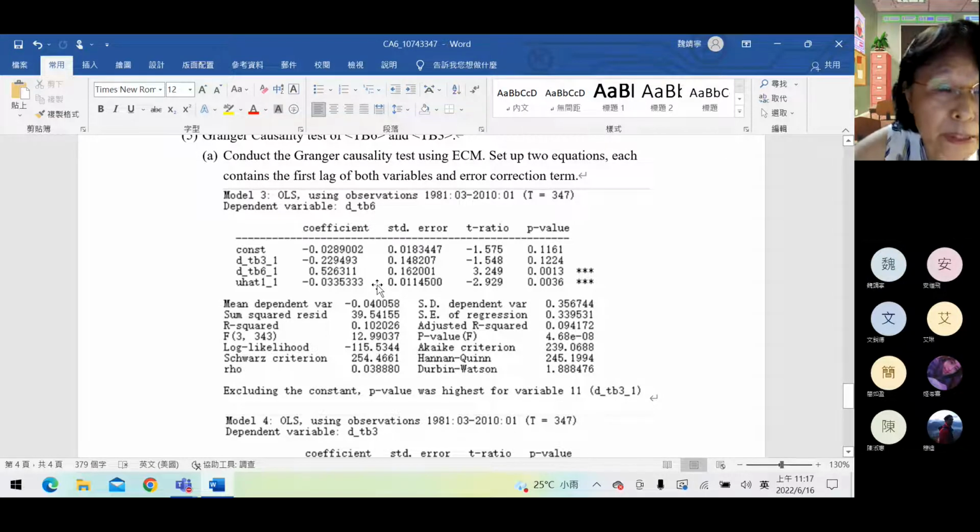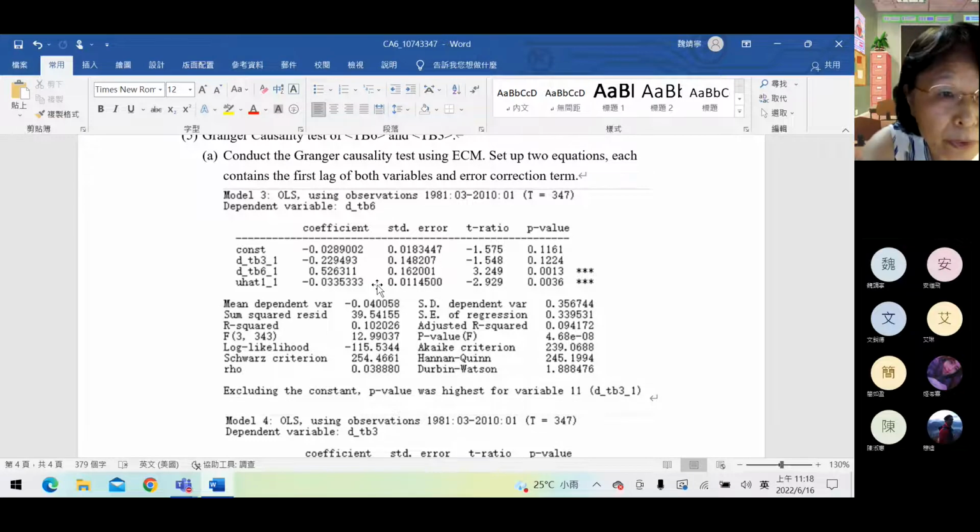For these questions, whether we want to see the Granger causalities, for the ECM you need to test not only the lag of the TB variable, but also the error term coefficient. So you need the joint test for these two in order to answer whether one variable Granger causes the other or not.